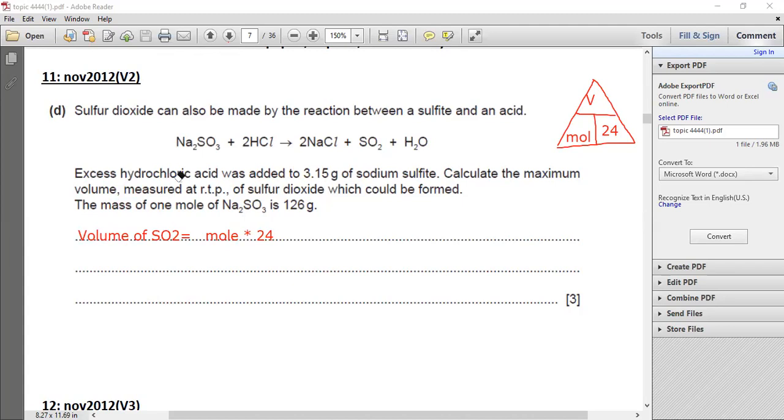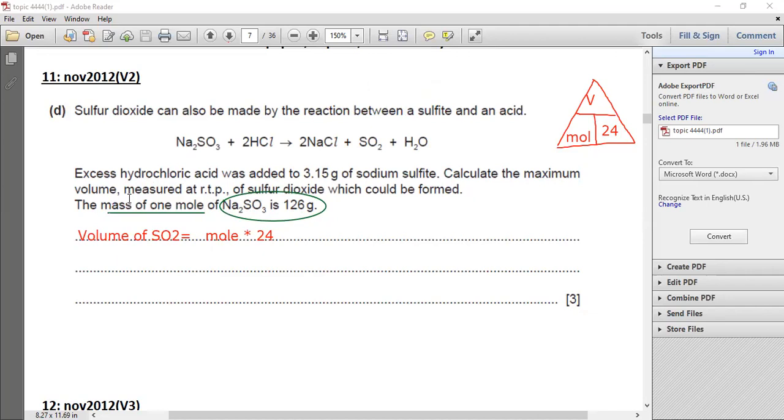Actually, I don't have any information about sulfur dioxide in the question to find its moles, but I have information about Na2SO3. I have its mass. If you remember, I said before, mass of 1 mole, it means what?